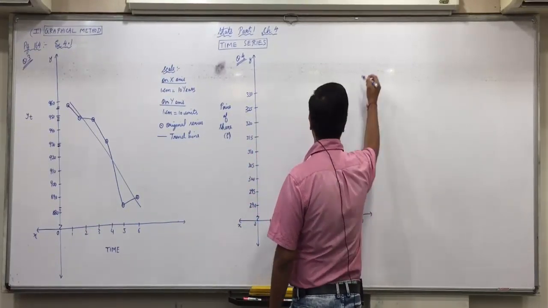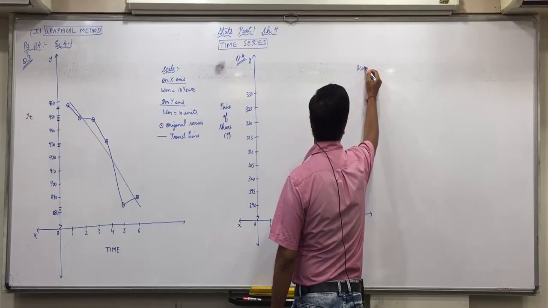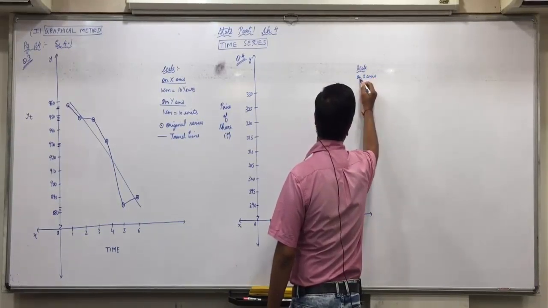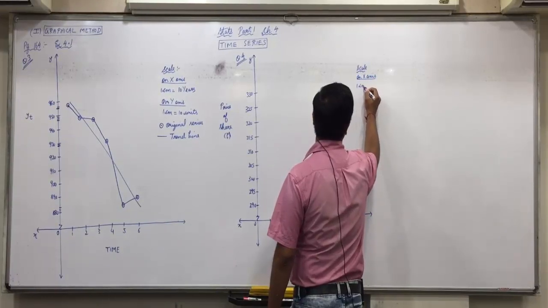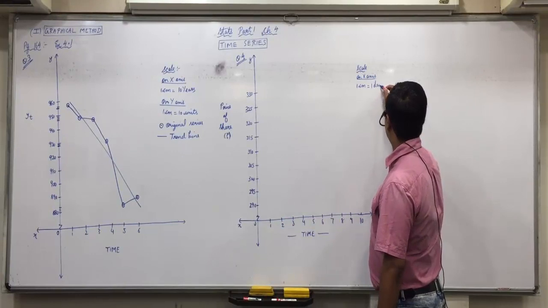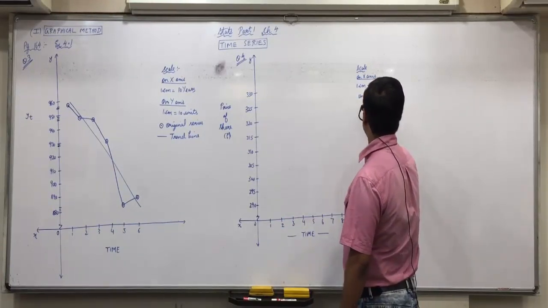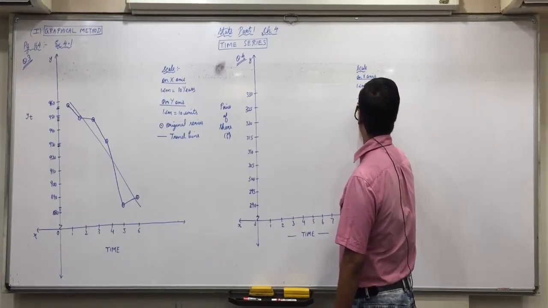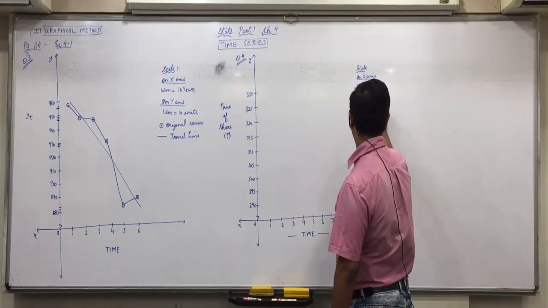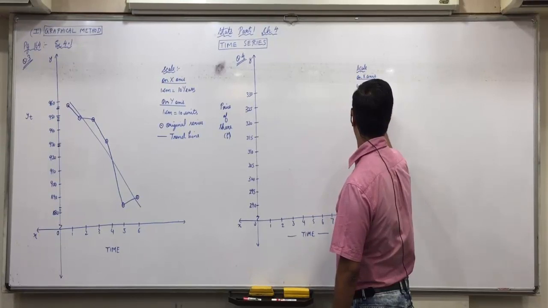And you will mention the scale here. On the x-axis, what is the scale we have taken? 1 centimeter is equal to 1 day. And on the y-axis, what is the scale we have taken? 1 centimeter is equal to 5 rupees.